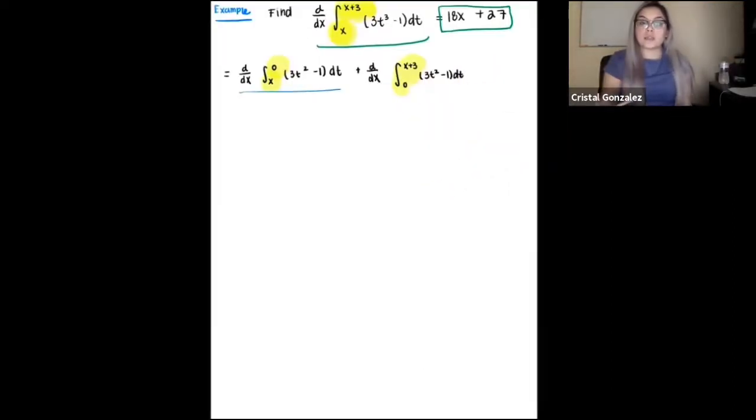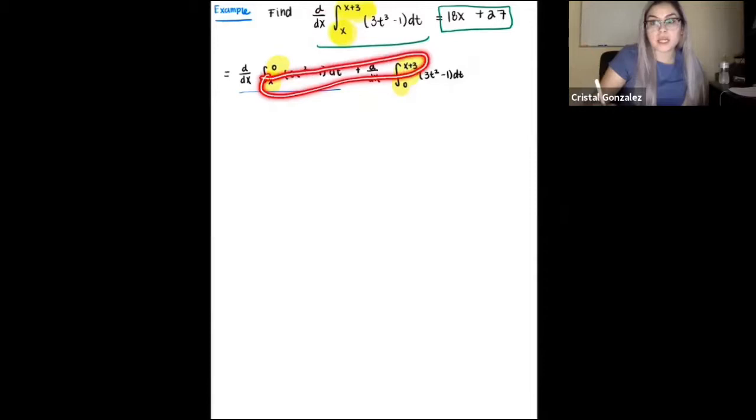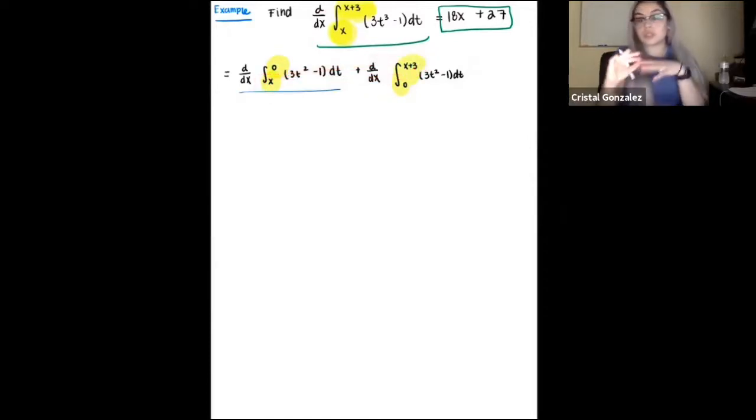Notice that this statement here is equivalent to this statement here because I'm still integrating that same function, but my bounds are going from x to 0. Remember, my bounds started at x, and now I'm going to add from 0 to x plus 3. So in reality, I'm still going from x to x plus 3. I'm just writing it in a different way.